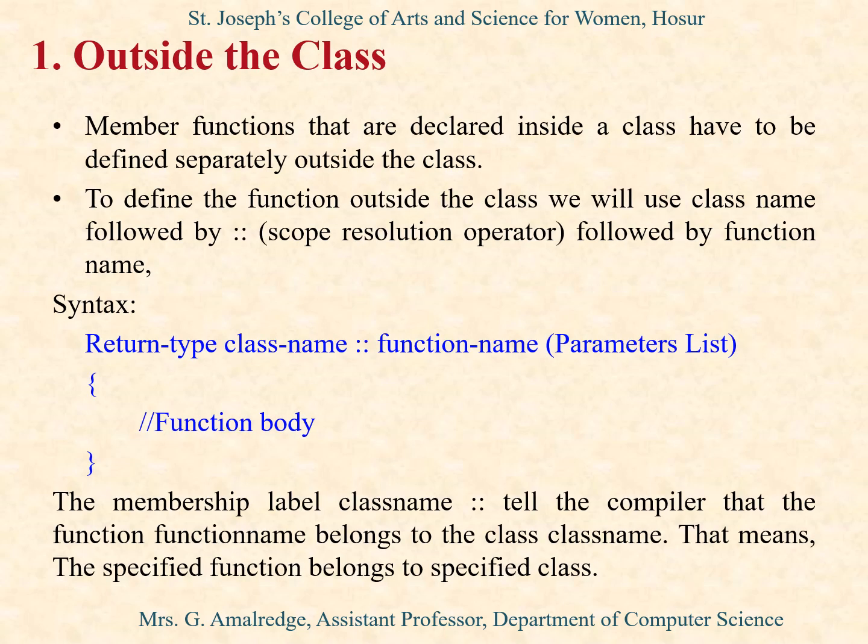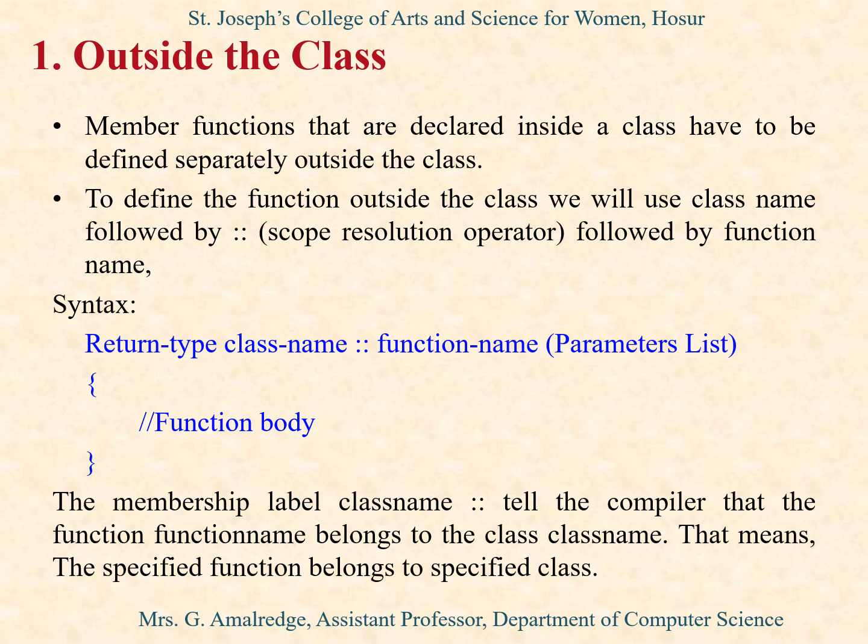Now we can see how to define a member function outside the class. To define the member function outside the class, we will use the class name followed by the scope resolution operator and followed by the function name. So this is the syntax for defining a member function outside the class: return type, class name, scope resolution operator, function name, the parameter list and body of the function.